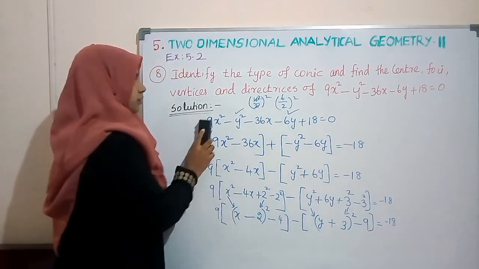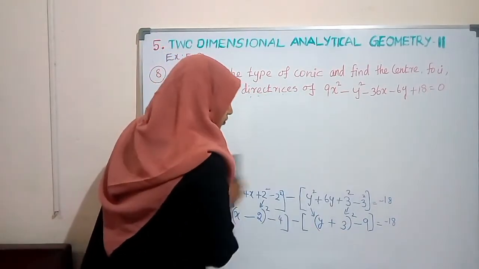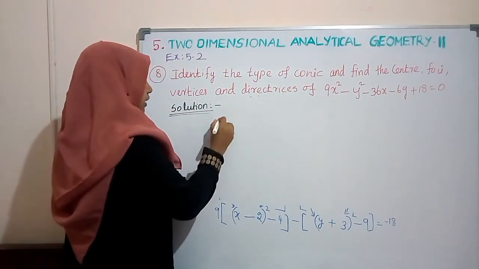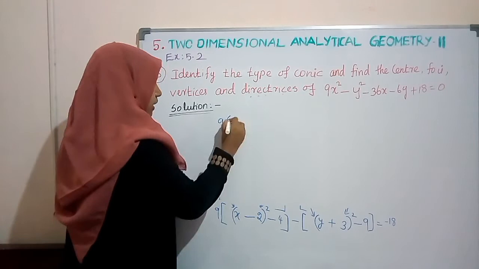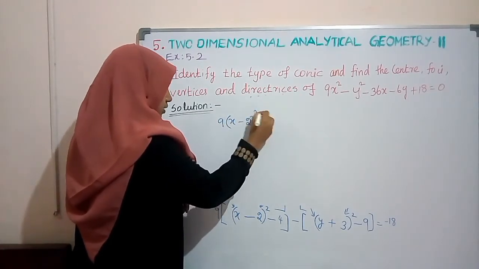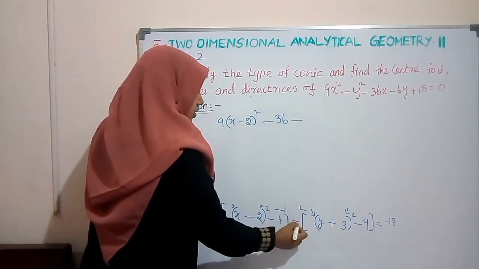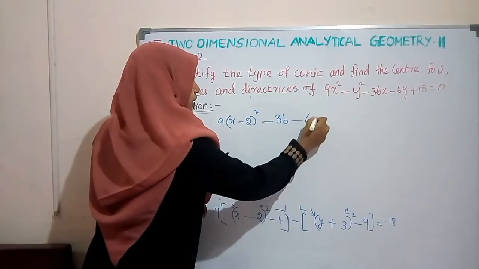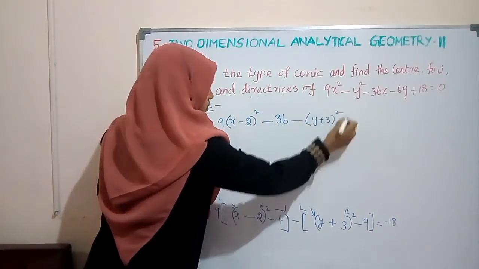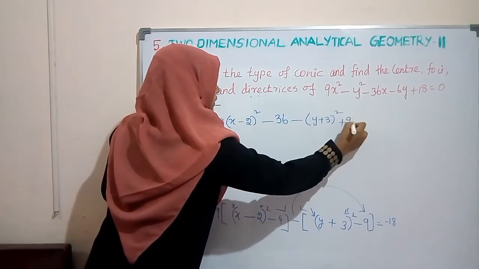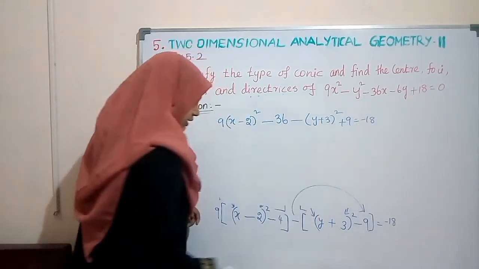So we are getting 9 into x minus 2 the whole square minus 9 into 4, 36 minus of y plus 3 the whole square minus of minus 9 plus 9 is equal to minus 18.